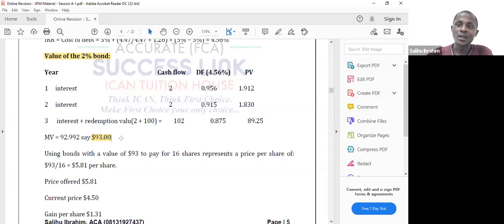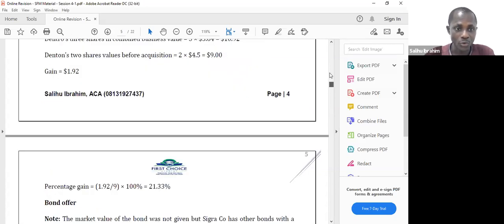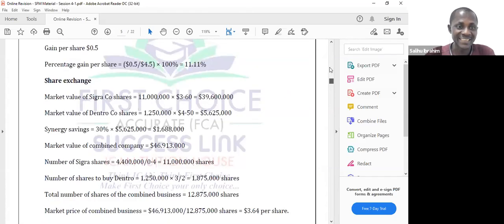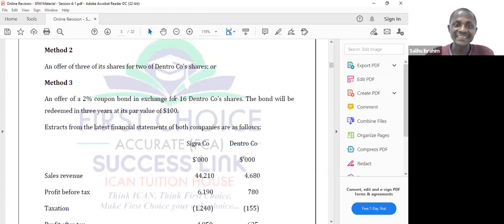We want to issue it in place of 16 shares. That is what the question says. Let's go to that question you see. We want to issue that bond to acquire 16 shares. An offer of 2% coupon bond in exchange for 16 Dentroco shares. So one bond will be used to acquire 16 shares.